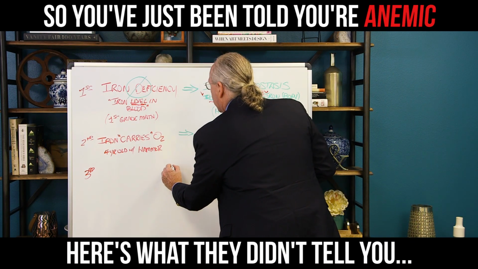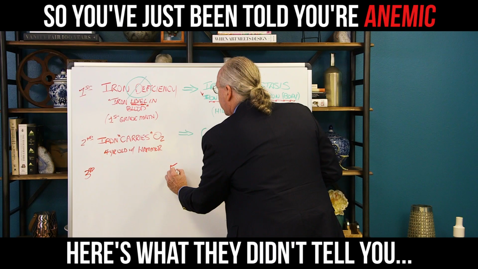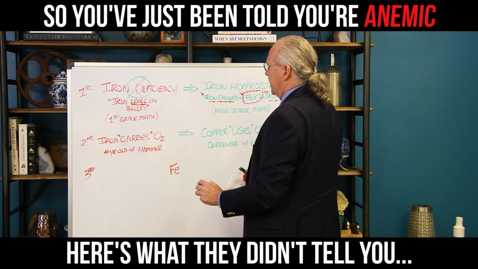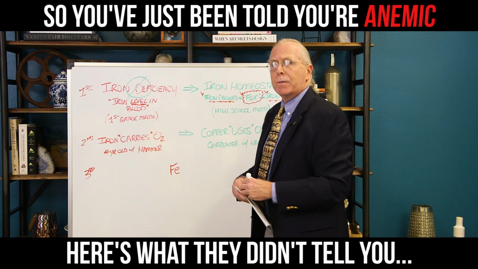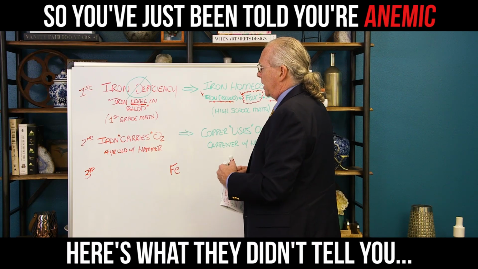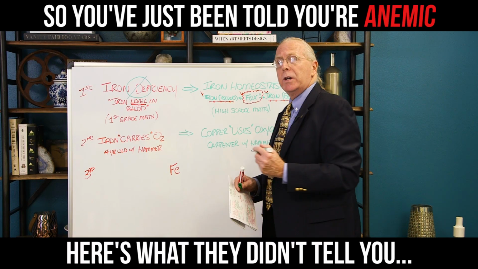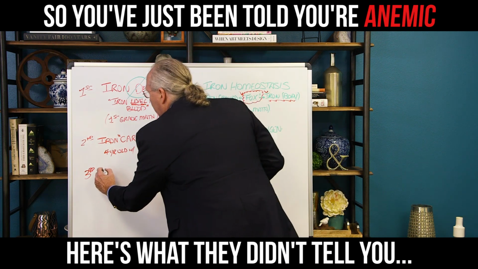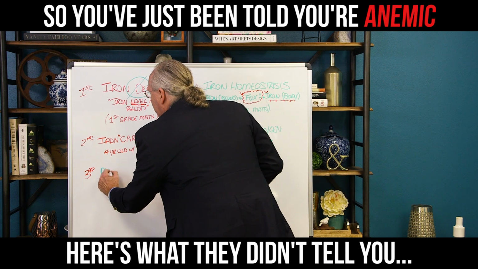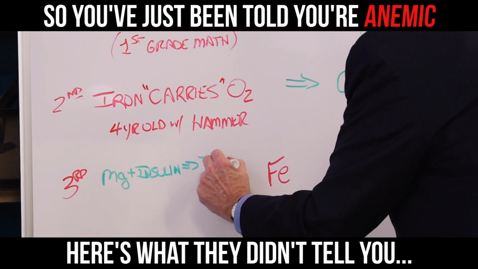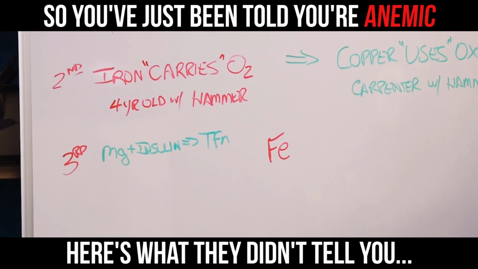Well, in fact, there is this need for iron in the body, but here are some facts that are very important to understand. That one of the most important transport proteins is called transferrin. Well, you got to have magnesium and insulin to make the transferrin protein.